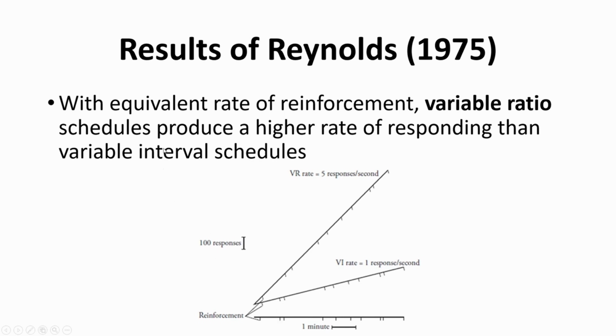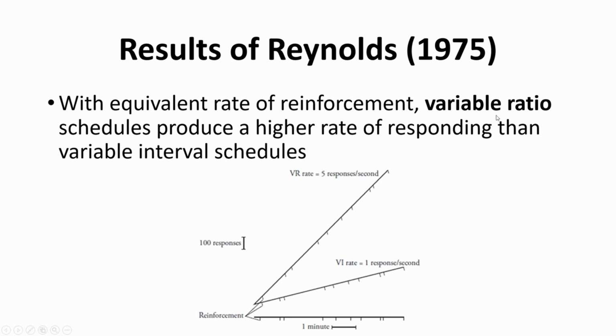So with that equivalent rate of reinforcement, we actually see that our variable ratio schedule produces much higher rates of responding. So this bird is responding much more quickly, and our variable interval bird is responding much less quickly. So here we see 5 responses per second, versus for the variable interval bird, we see a response of about 1 per second.